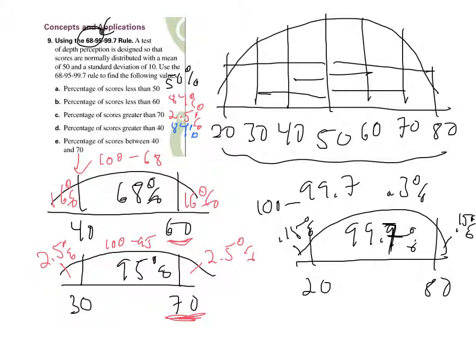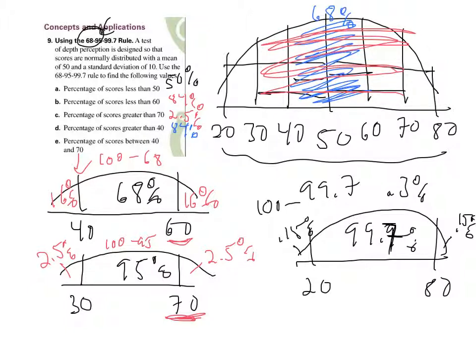40 and 70. So I know that between 40 and 60 accounts for 68% of the distribution. Then we've got to think about, well, 70 is 2 standard deviations.